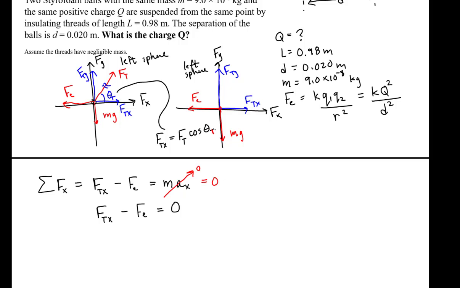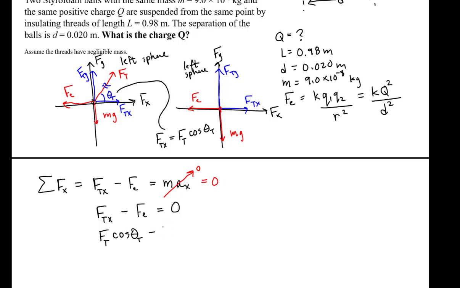So coming back to our Newton's second law, I could replace the x component of the force of tension with the magnitude of tension times the cosine of the angle that the tension makes with the x-axis, minus the Coulomb force.